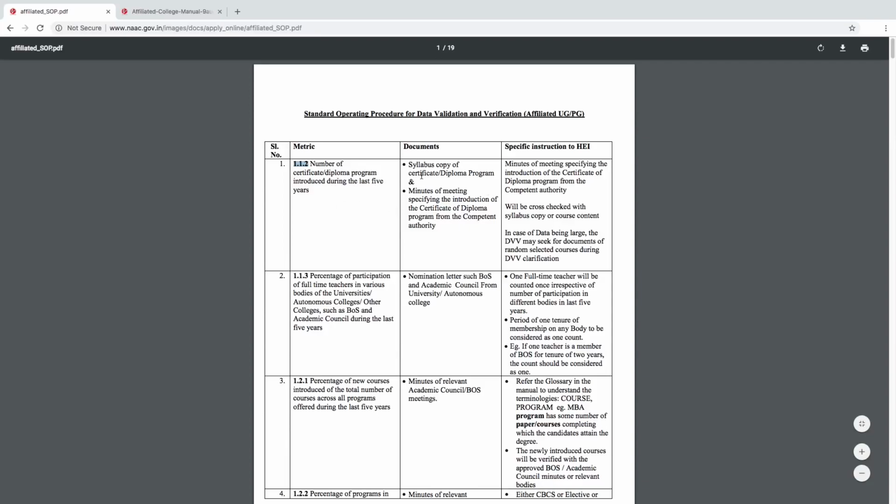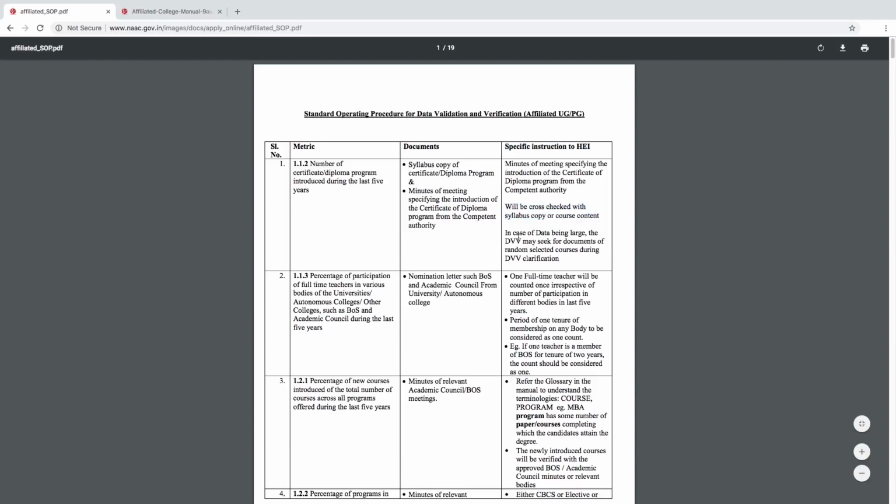It states very clearly that we need the syllabus copy of the certificate or diploma program or the minutes of meeting specifying introduction of a certificate program or a diploma program from the competent authority. It also gives specific instructions to the HEIs that the minutes of meeting will be cross-checked with the syllabus copy that is provided.